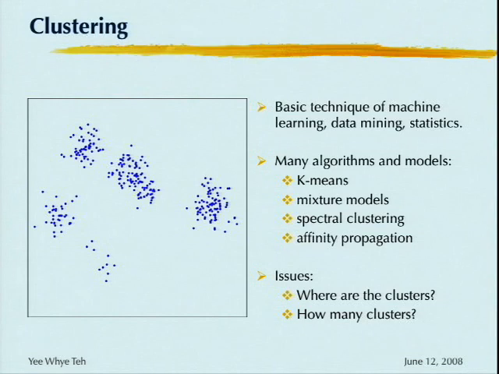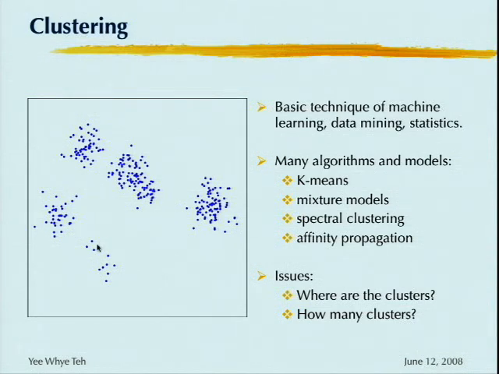Okay. There are two algorithmic questions for clustering. The first one is, where are the clusters? If you're given a data set, where are the clusters? In this case, you might think there might be 5 clusters here, here, here, here, and here, for example. And the second issue, which is a harder issue, is how many clusters are there? If I give you a data set, how do you determine the number of clusters in this data set?